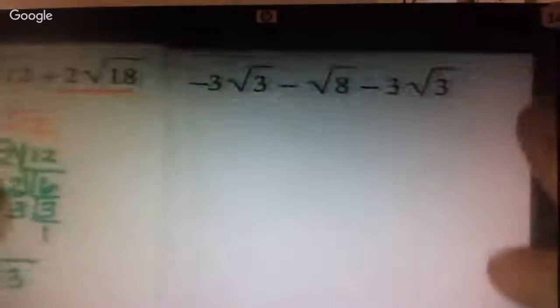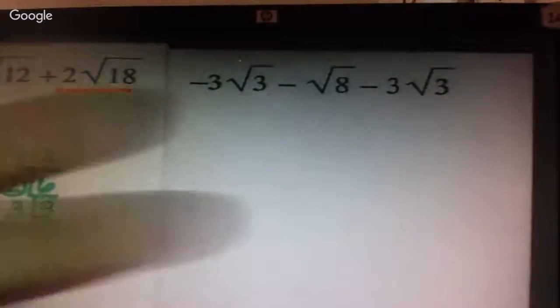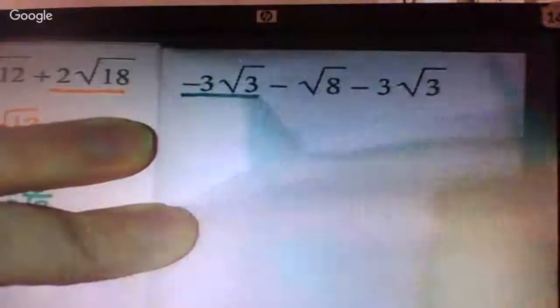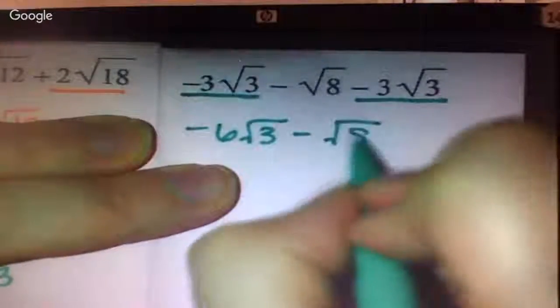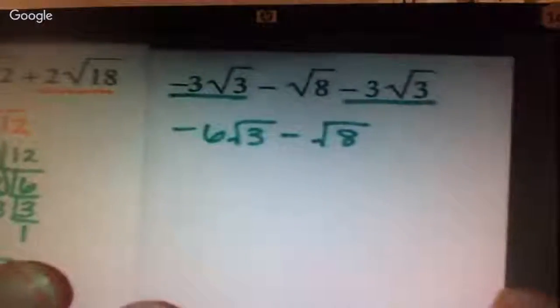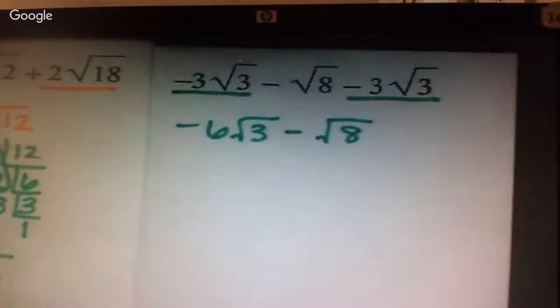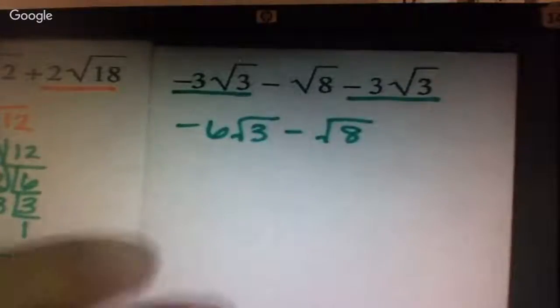All right. So combine. These two go together. -6 square roots of 3 minus the square root of 8. The first one is already simplified.